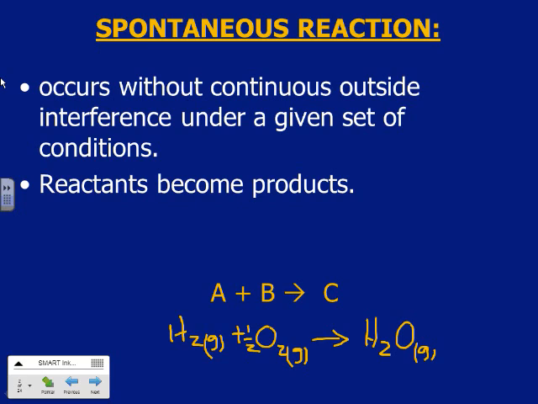We'll talk about that later. The spark is needed to get the reaction initiated, but once the spark is there, I don't have to continually add heat to that reaction. It feeds itself, and the hydrogen burns, and the hydrogen balloon explodes. So that's not continuous outside interference. Given the right conditions, hydrogen and oxygen will combine to form water, and it will do it all on its own. That is spontaneous.